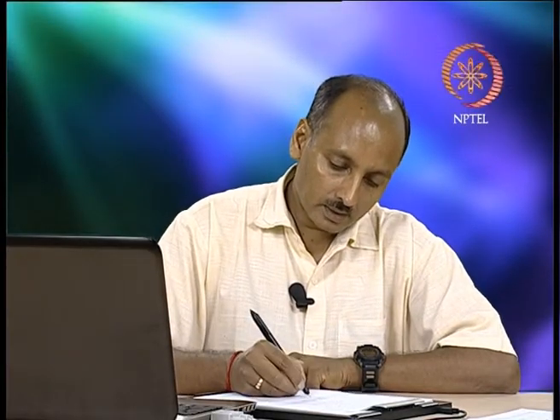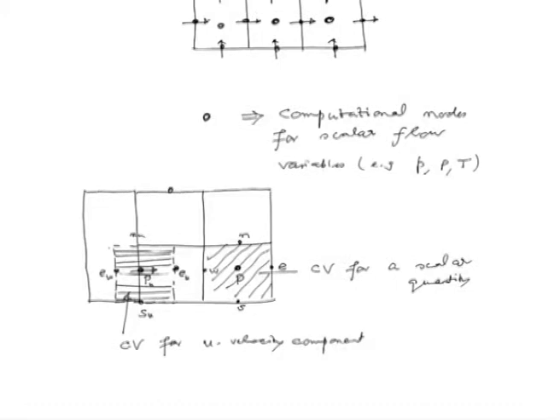In the same way, for the sake of clarity, let us extend this figure further here. Scalar nodes. So, the faces of v velocity component will pass through the scalar nodes. So, let us use vertical hatching to indicate that now this is the CV for v velocity component.